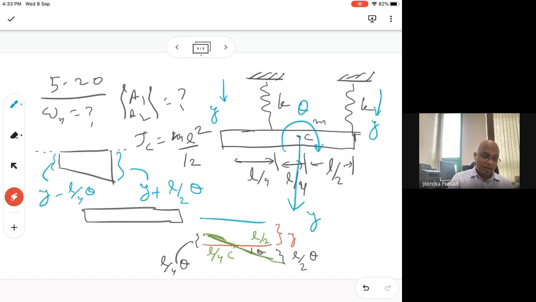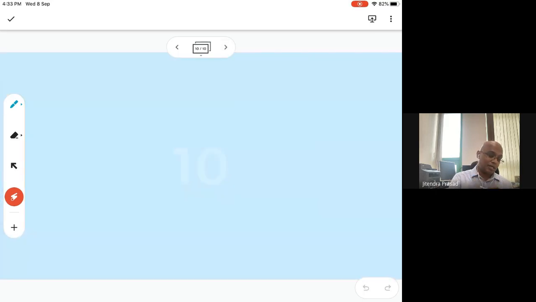Why? Because the distance from here to here is L over 2, and from here to here is L over 4. Once we have that, we can find the equations.